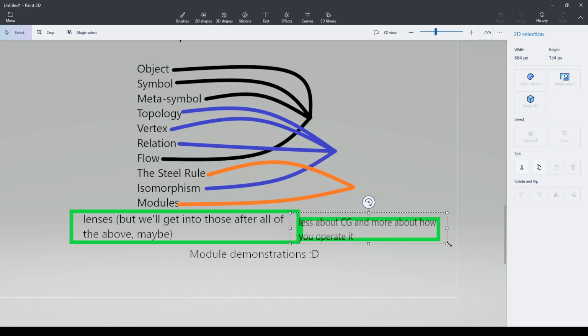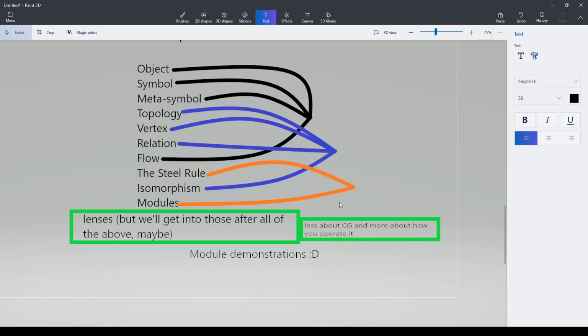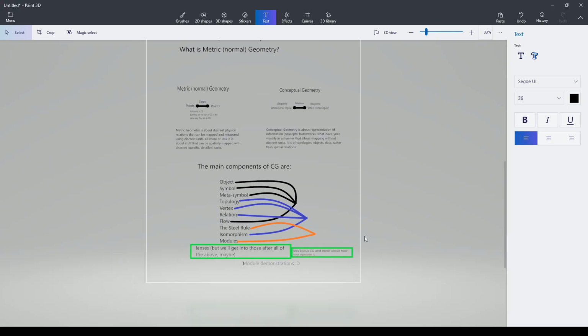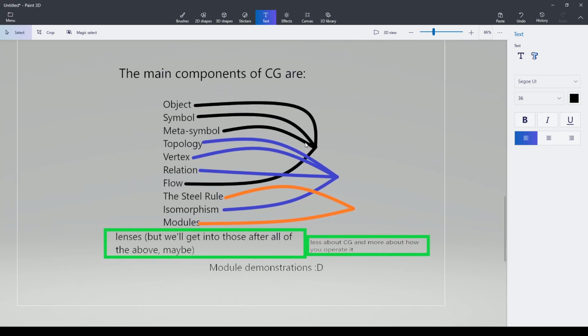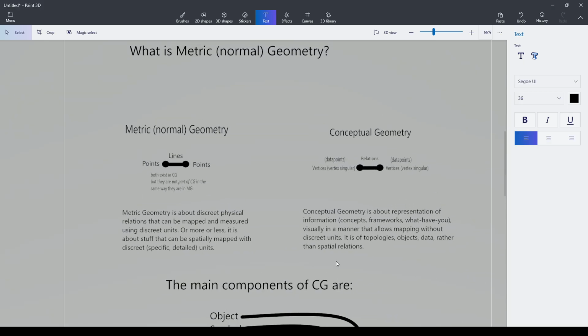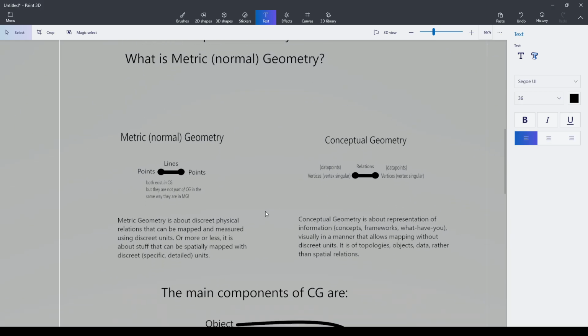If that doesn't make sense, I promise it will by the time we get to it. Okay? So with that, that's the basic version of what conceptual geometry is and what the difference is between it and metric or normal geometry.